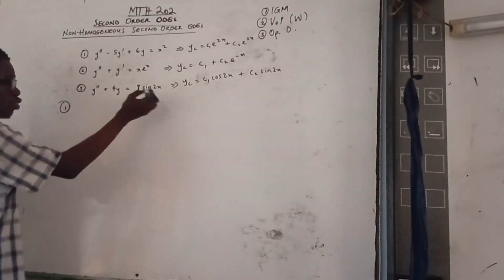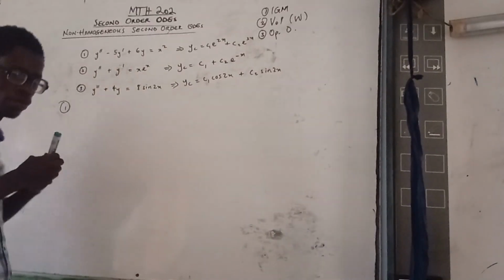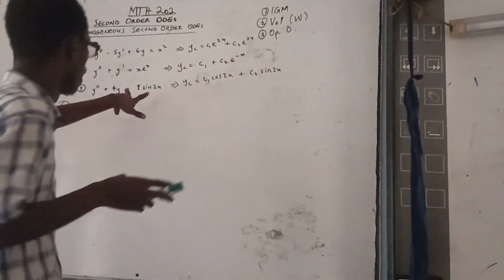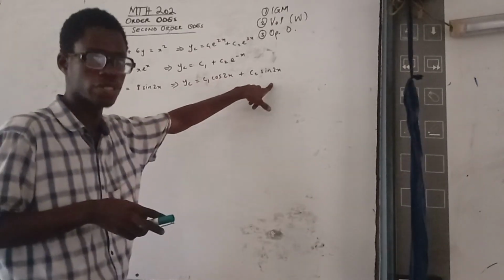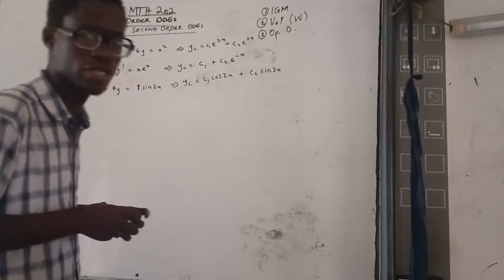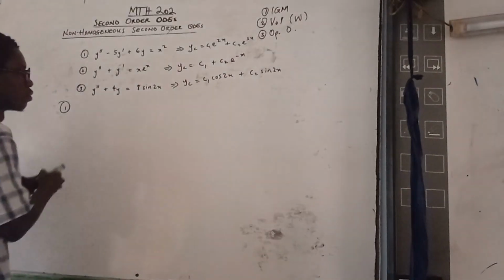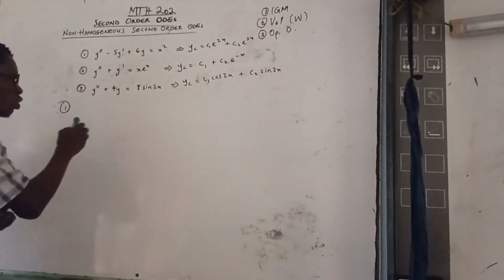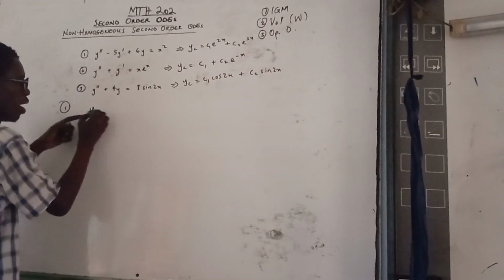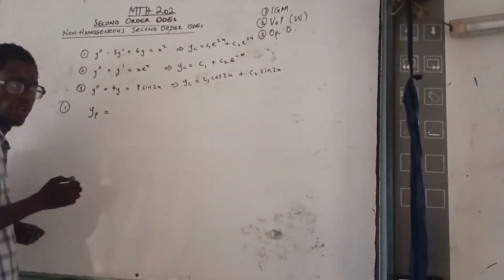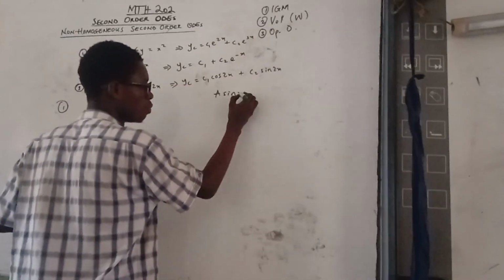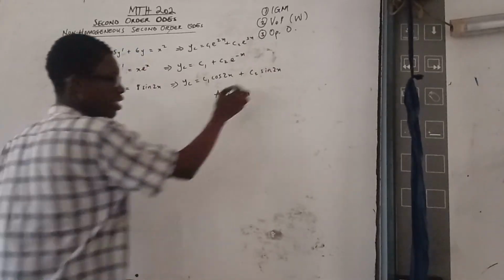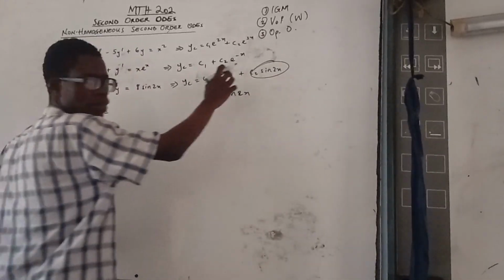For this one now, there's one thing you have to note. Anytime you have sin 2x or cos 2x in your yc, you have to use a substitution. Our yp, instead of writing just a sin 2x, you have to multiply it by x, since you have sin 2x in this solution already.